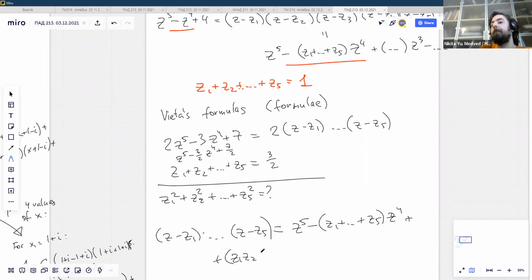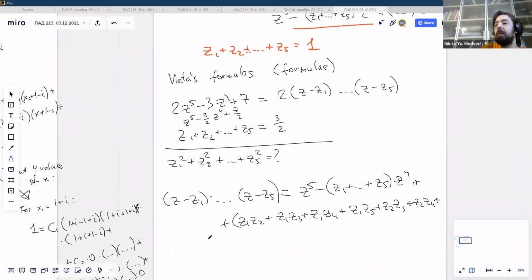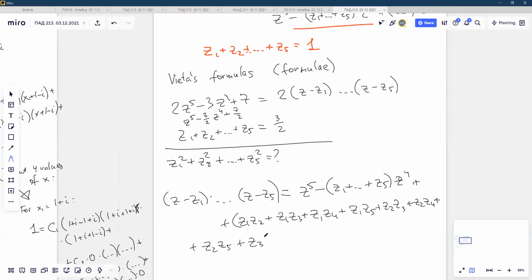I can pick coefficients in 2 brackets and z cubed from 3 other brackets. I'm sorry, this will take a bit of time. And how did we get this coefficient for z cubed?